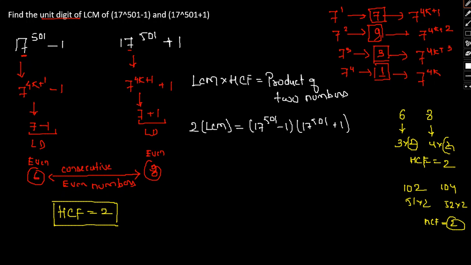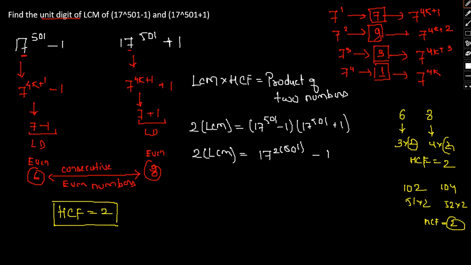So this thing can simply be written in the a plus b, a minus b form. So I can simply write 2 into (17^501 minus 1)(17^501 plus 1), which is 17^1002 minus 1.